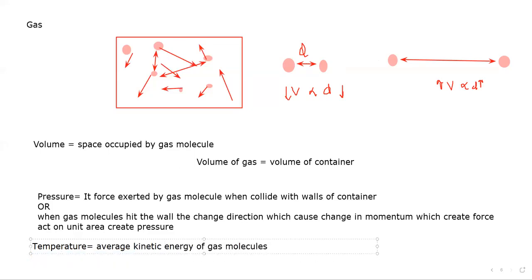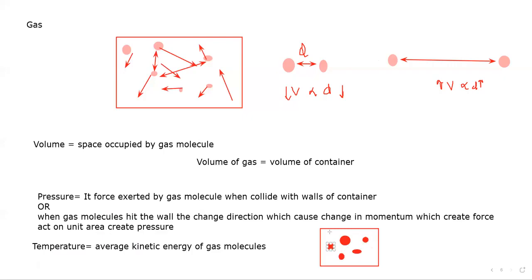If the temperature increases, the velocity or the speed at which the particles are moving will also increase. So when we take the average of the energy of these gas molecules, we get the temperature. So we can also say the kinetic energy and temperature are directly proportional.